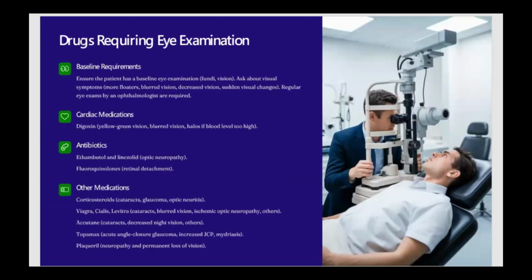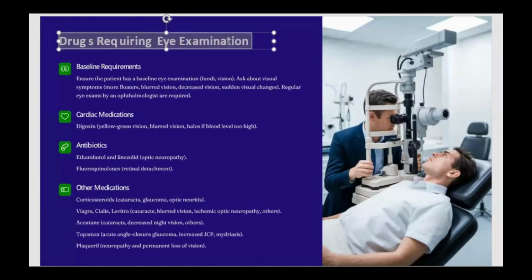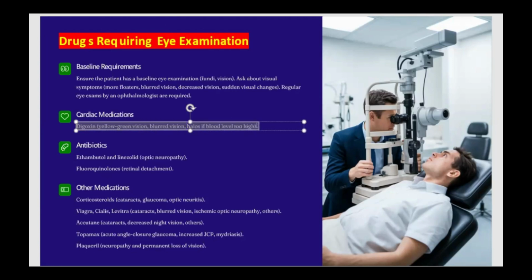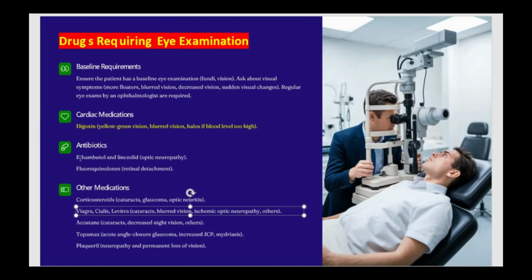You need to know medications that require eye examination, very high yield. Those are the medications in the exam that you need to do an eye exam for. Very important. Example, digoxin. We talked about it. They can have yellow-green vision. Antibiotics: ethambutol.